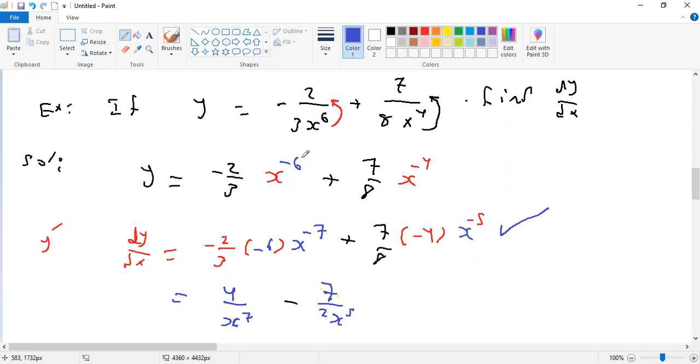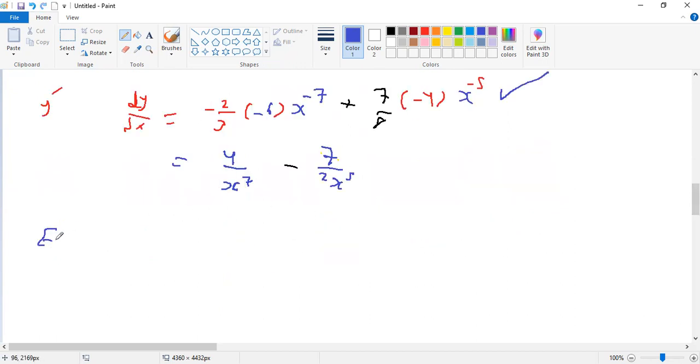Why? Because you have k x^n, and 7 over 8 x^4, so 7 over 8 is k, and x you have to write up, so negative 4. So then the rule is n times k, x to the power n minus 1. The same here, k x^n. Another example, another example.